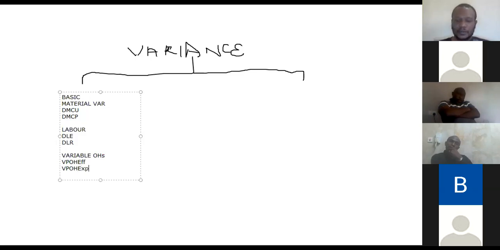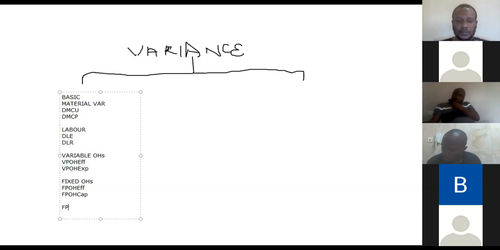And then finally our fixed overhead. For our fixed overhead, we have fixed production overhead efficiency, fixed production overhead capacity, and we said the two of them together are the volume variance.